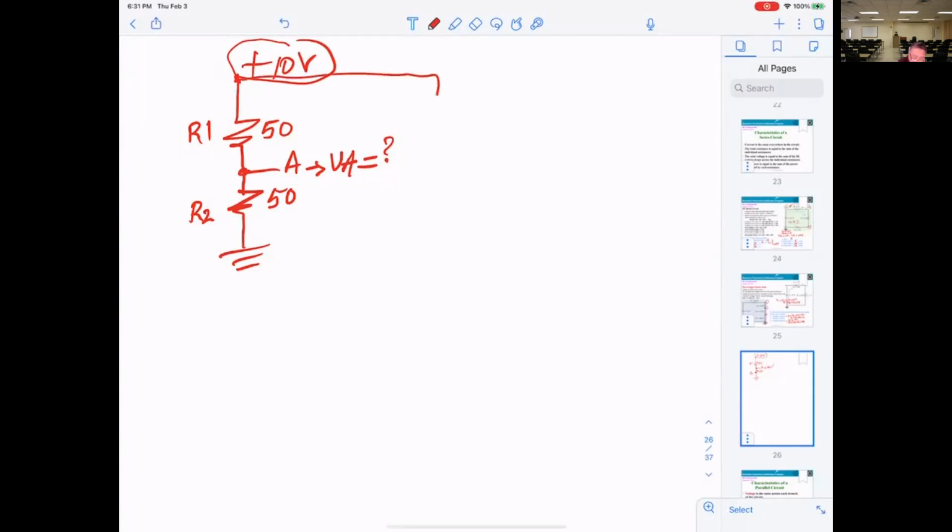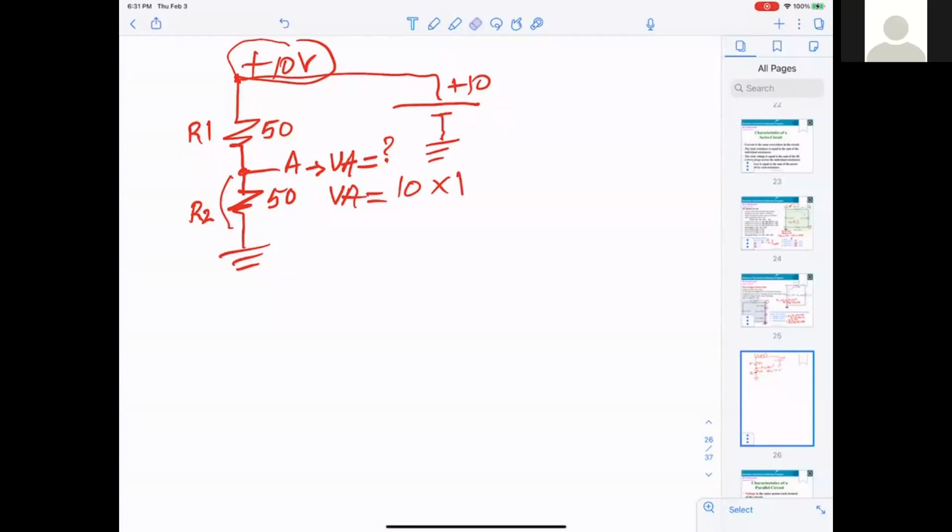So basically, it will look like that: plus 10, and that one will be ground. And you're using the voltage divider. VA equals 10 times this resistor 50, divided by 50 plus 50. That's what you get: 5 volt.